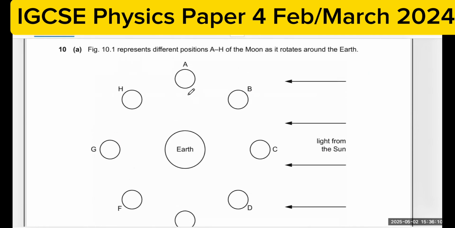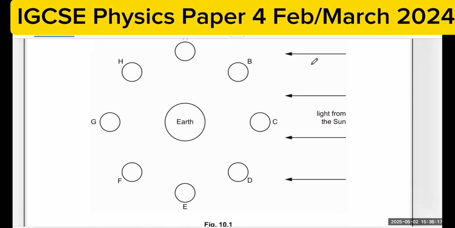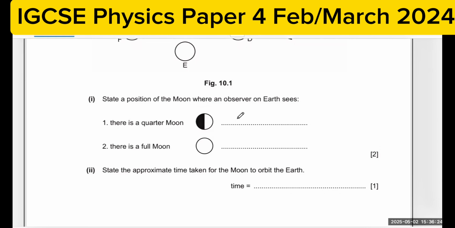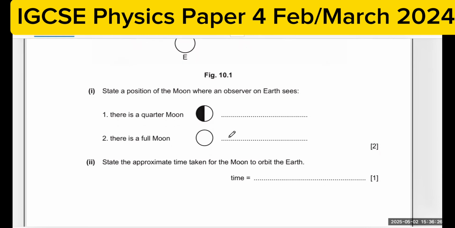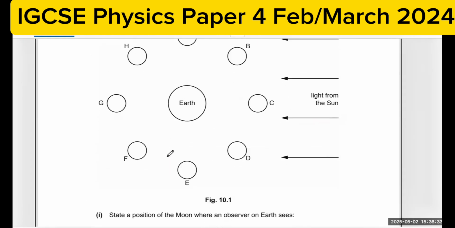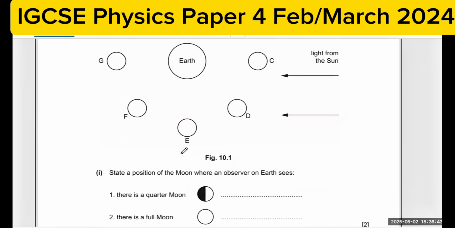The next question: the figure represents positions A to H as the moon rotates around the earth. The arrows represent the sunlight from right to left. So these are the stages of the moon. State the positions of the moon where an observer on the earth sees a quarter moon and a full moon. At position A and position E, there is a quarter moon.